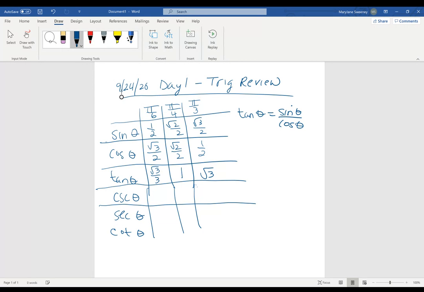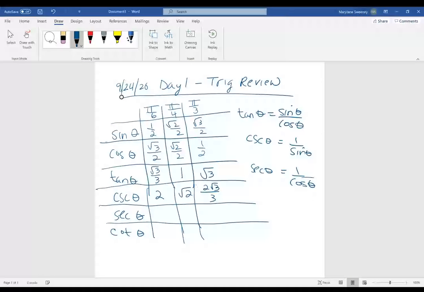Okay, cosec is the reciprocal of sine, so you should know that. Cosec theta is 1 over sine theta. So this would be 2, radical 2, radical 3 over 3... Sec theta is the reciprocal of cos. So for sec, we're flipping cos.